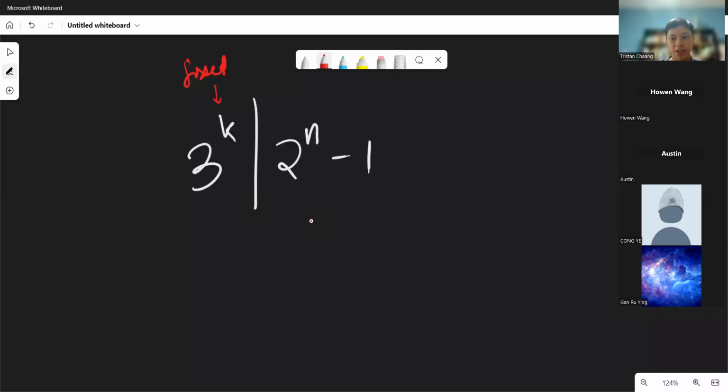So anyone wants to suggest a first step or something that they observe or something interesting about this problem, or anything at all?